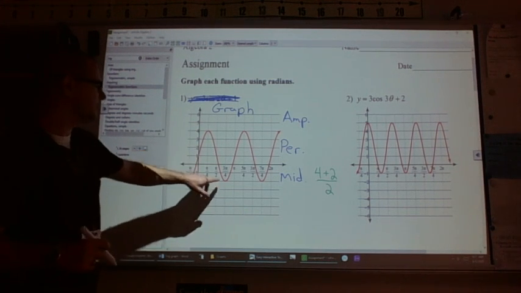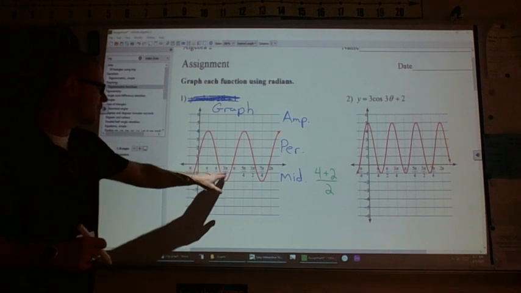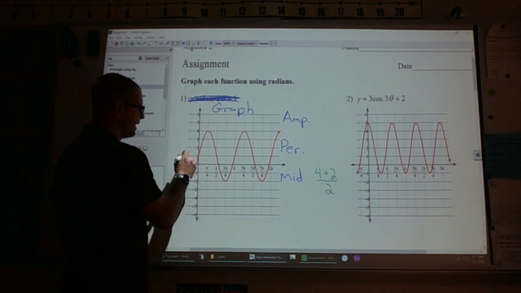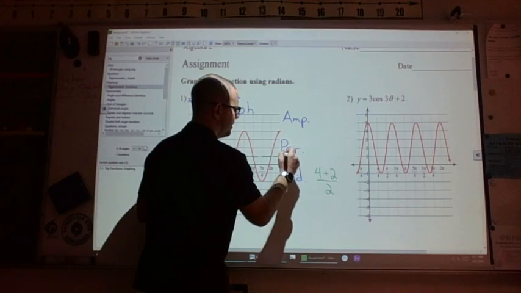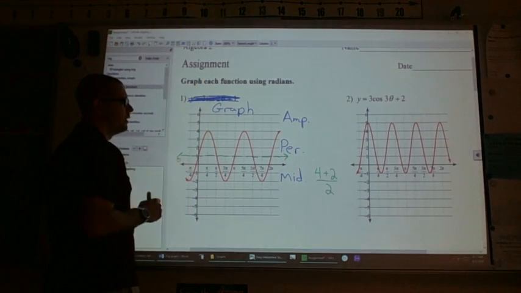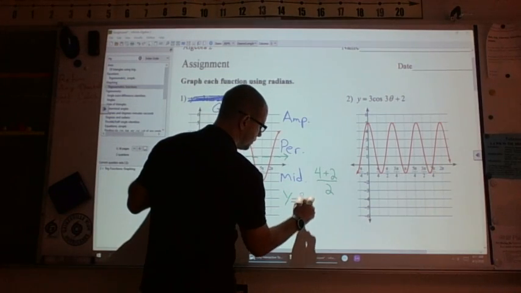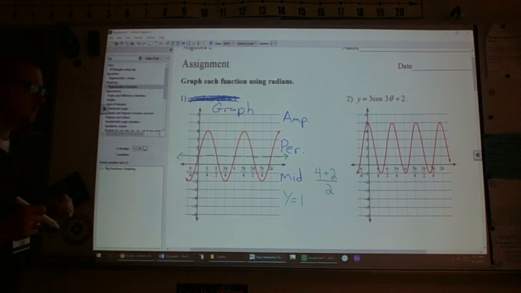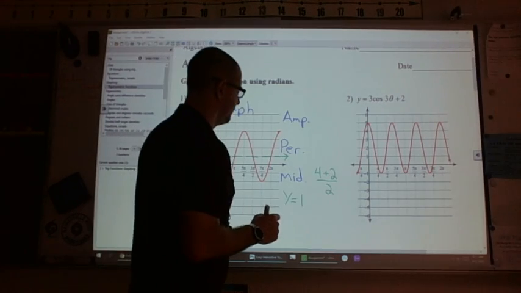It's not y equals 3, but it is the distance from top to bottom. So from the bottom, I go 1, 2, 3. From the top, 1, 2, 3. My midline would be at 1. So my midline here would be at y equals 1. Anyway, but period.